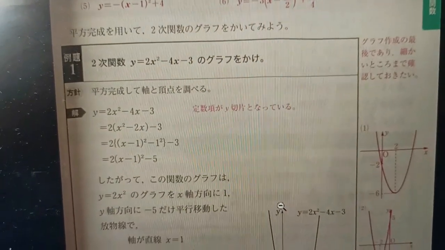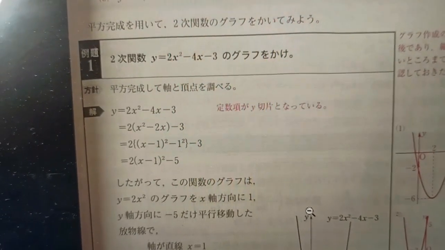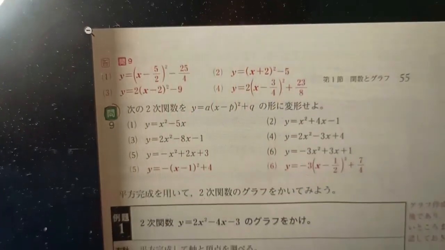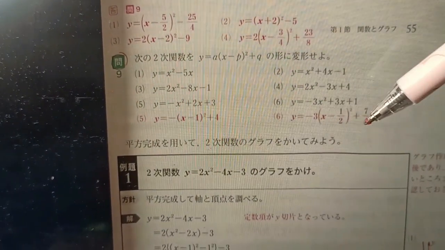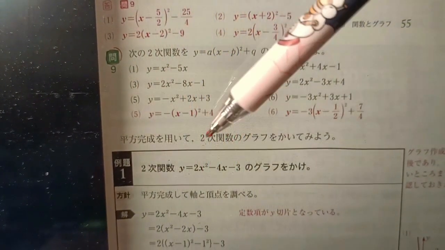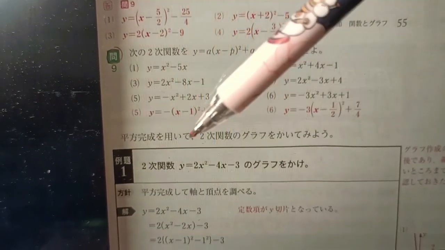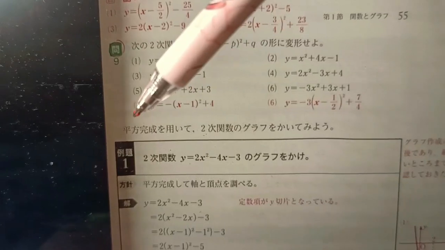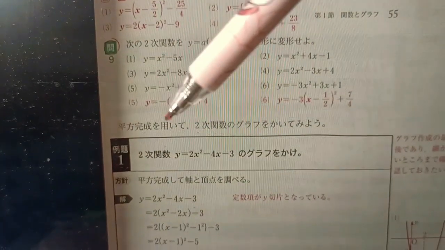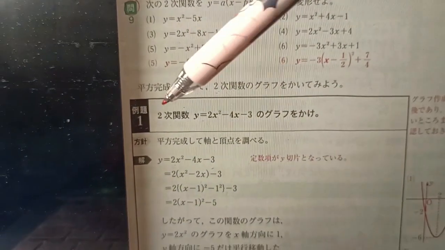Now we are going to proceed. Let's draw the graph of a parabola, a quadratic function, using the completed square form. Okay, now let's see.